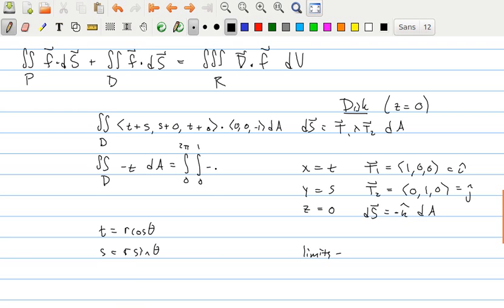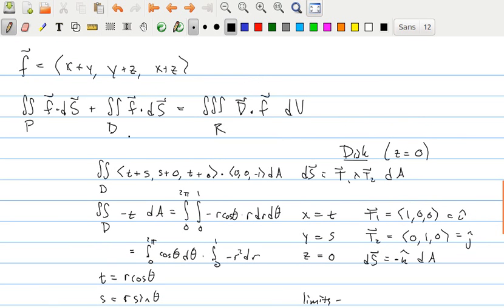And then we have minus r cosine theta times the Jacobian times dr d theta. And we can use the box theorem on this to expand this out: the integral from 0 to 2 pi of cosine theta d theta times the integral from 0 to 1 of minus r squared dr. And this first integral zeroes out. So this whole thing is 0. So this entire disk flux is 0.